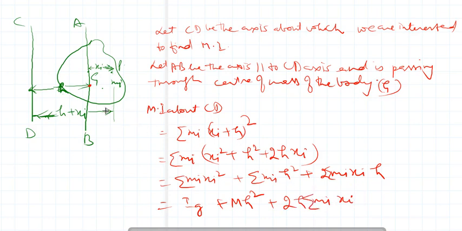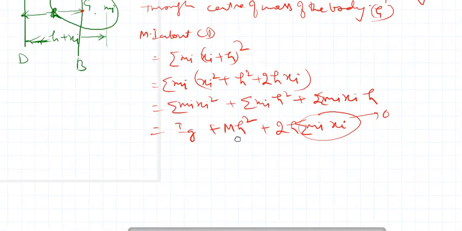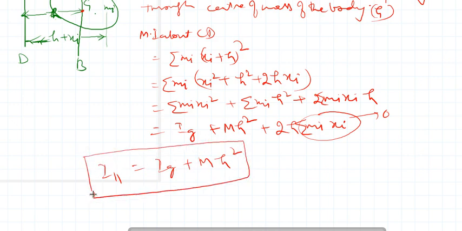Since xi is the distance from the center of gravity, this term vanishes to zero, because some points lie on one side and others on the other side, and overall their sum about the center of gravity line is zero. Therefore, the moment of inertia about the parallel axis is Ig plus M h square, and this is the required result, right?